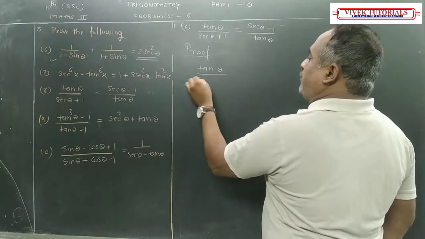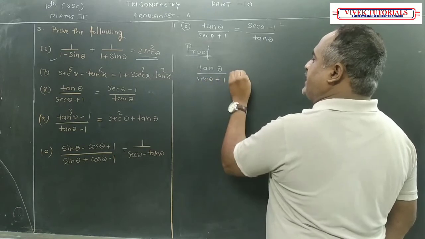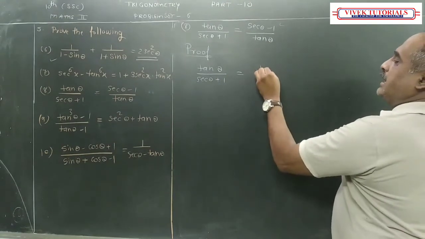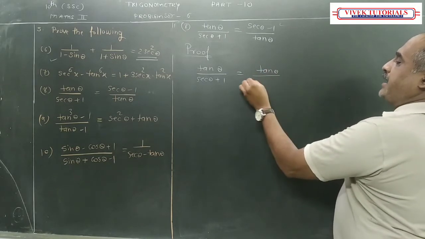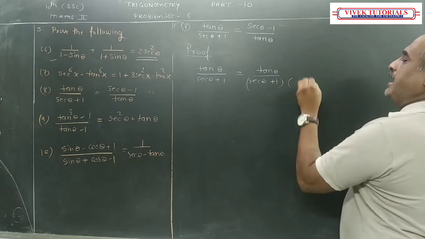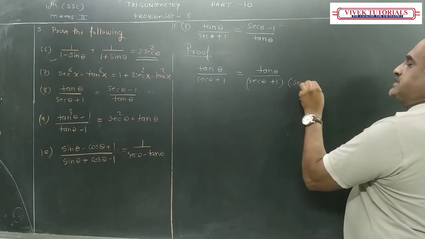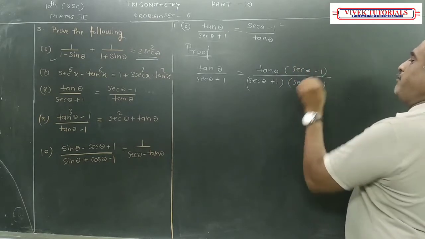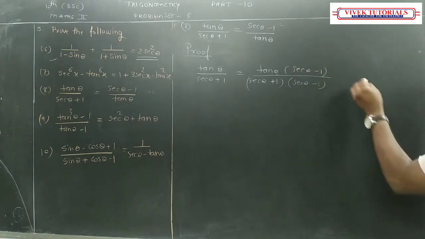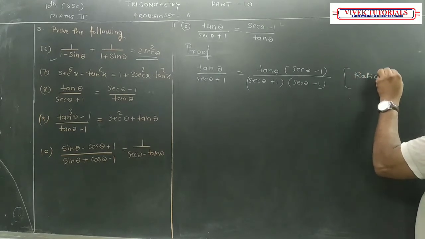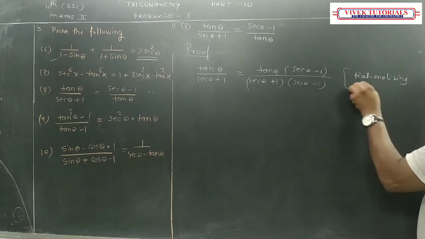Tan theta upon sec theta plus 1 is equal to tan theta upon sec theta plus 1 into sec theta minus 1 upon sec theta minus 1. Here you can write the reason: rationalizing the denominator.